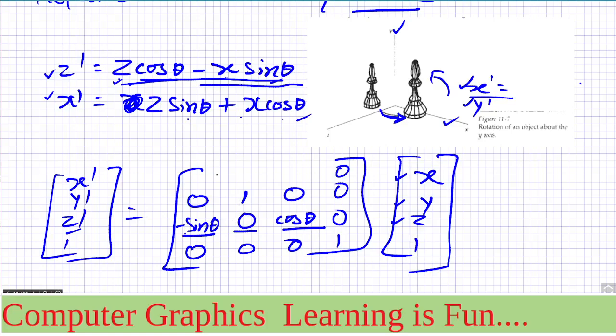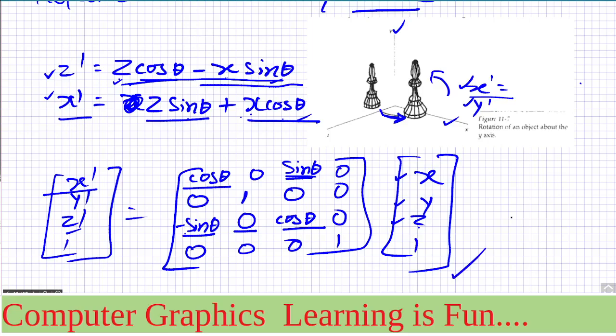Is it understandable? Similarly for x dash, you want z sin theta, so what you multiply to z is sin theta, and x cos theta, so what you multiply to x is cos theta, then 0.